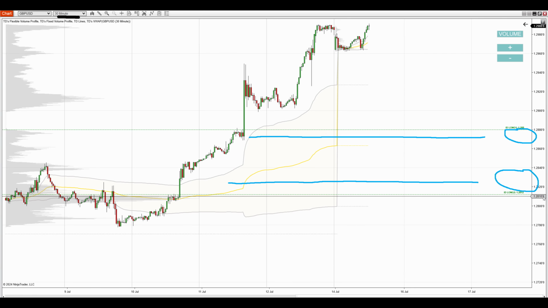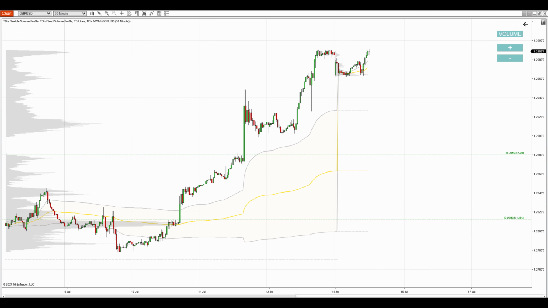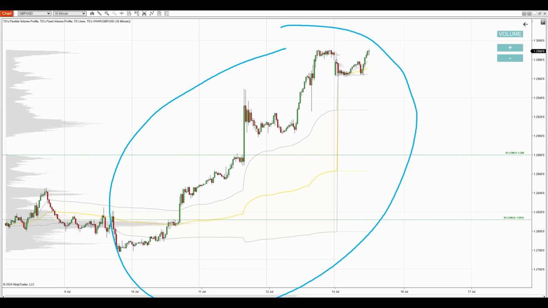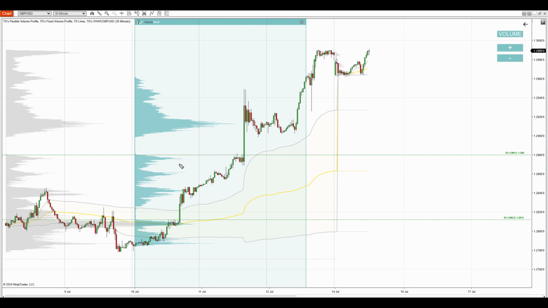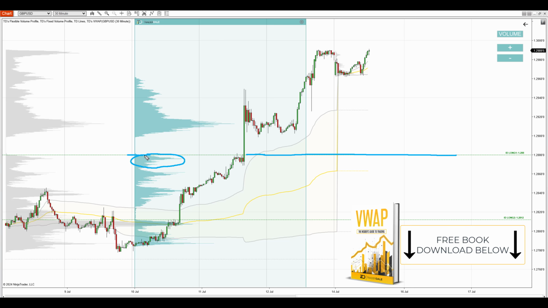Now let's take a look at the volume profile and the volume distribution throughout this whole trend area. So let's first talk about this support, this one. If you look at the volume profile, that support is at the beginning of this heavy volume zone from which this very aggressive buying activity started.